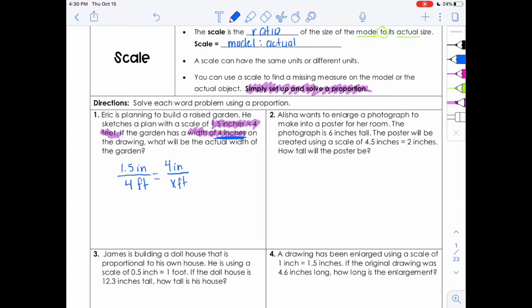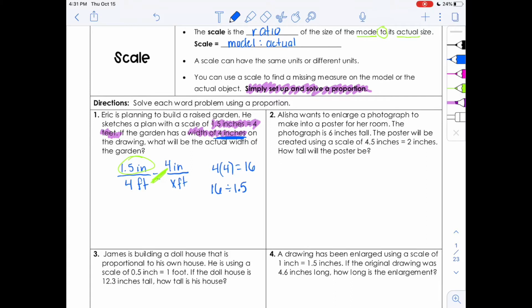Once the proportion is set up, we simply cross multiply and then divide. When we cross multiply 4 times 4, we get 16. Then 16 divided by 1.5. You can go ahead and use a calculator to divide 16 divided by 1.5.